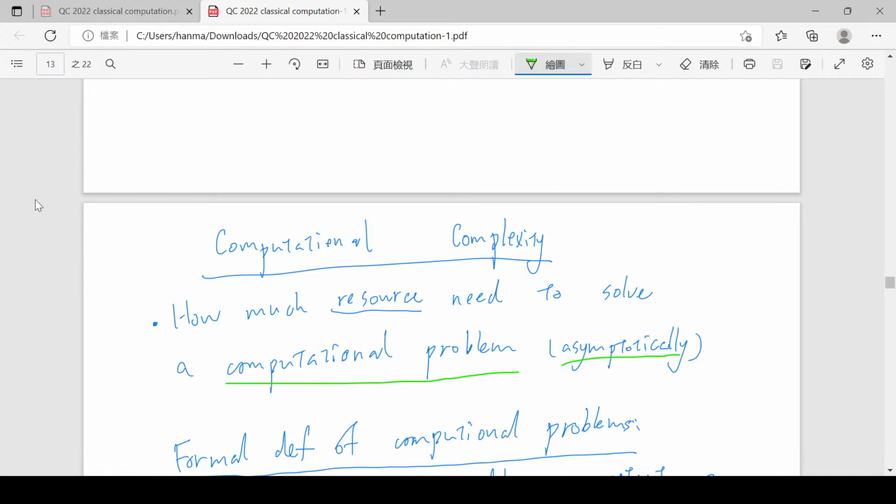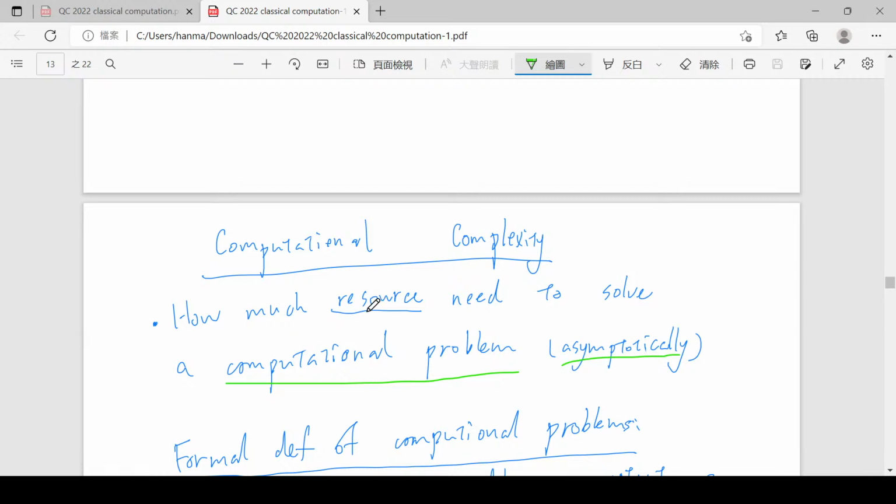After people actually built computers, we realized that even for solvable problems, sometimes it takes a very long time for your computer to run. So when you have some computational problem, we want to see how much resource actually needs to be used to solve it, and asymptotically.